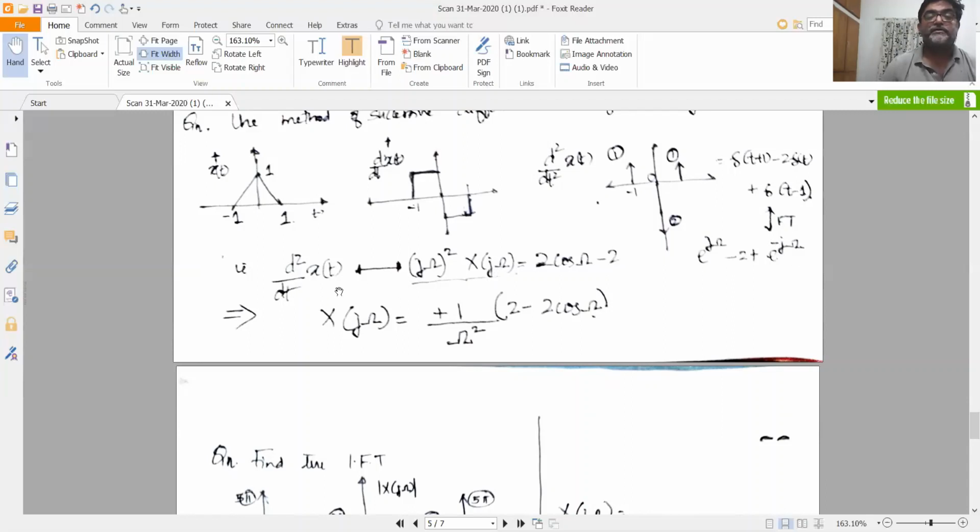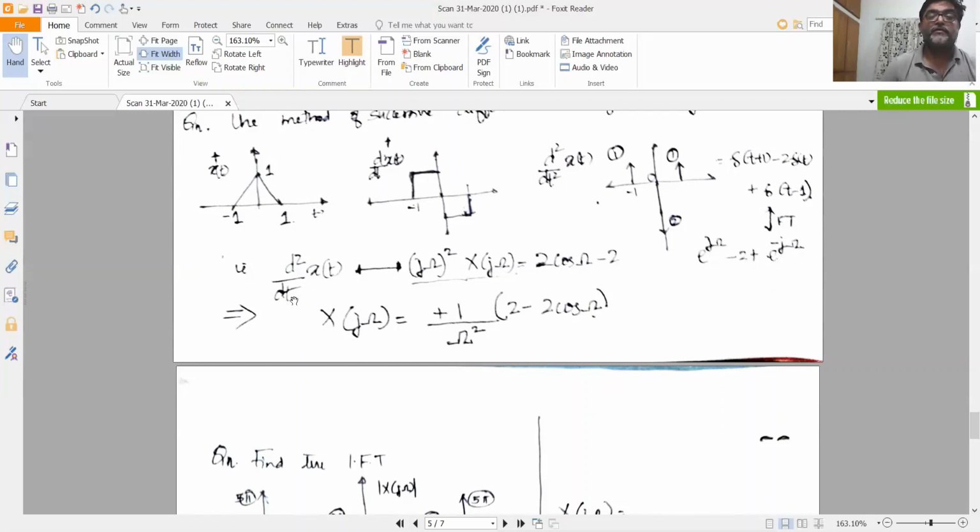Is that clear? So we can simplify: e raised to j omega plus e raised to minus j omega would be 2 cos omega. So that is 2 cos omega minus 2.